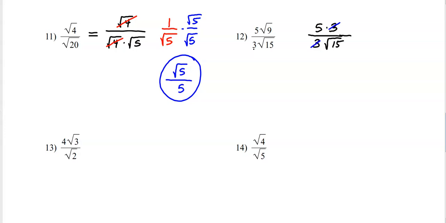I'm going to cancel those 3's out. So now I have 5 over the square root of 15. And let's rationalize it. Multiply it by it over itself. On the top, I just get 5 radical 15. On the bottom, square root of 15 times square root of 15 is 15. And now I can reduce this fraction. 5 over 15 is 1/3.